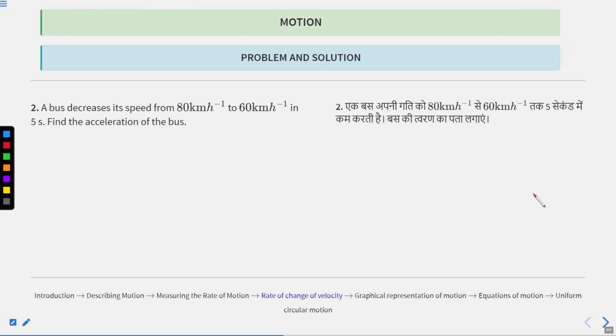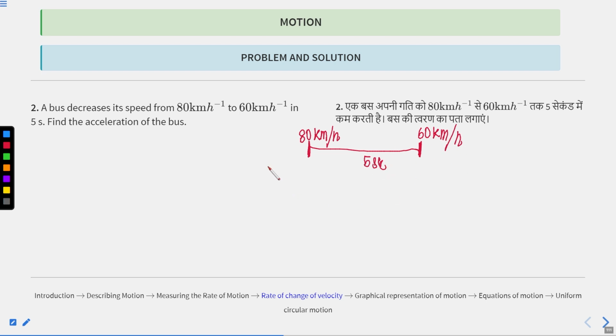Question number 2: a bus decreases its speed from 80 km per hour to 60 km per hour in 5 seconds. Find the acceleration of the bus. So the bus's initial speed was 80 km per hour, and the bus decreases its speed to 60 km per hour in 5 seconds.